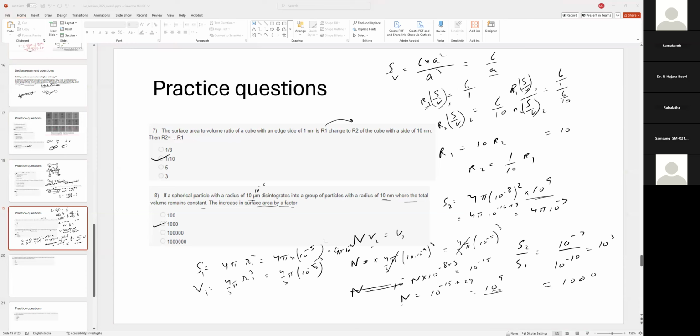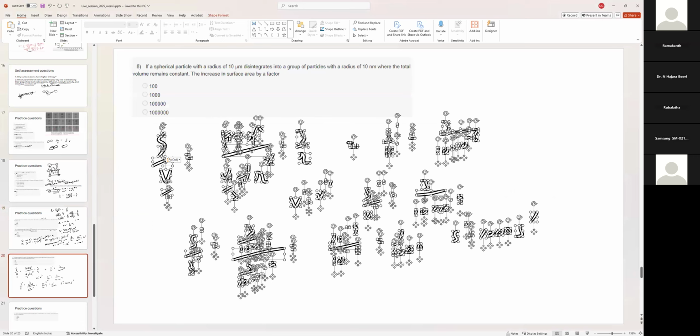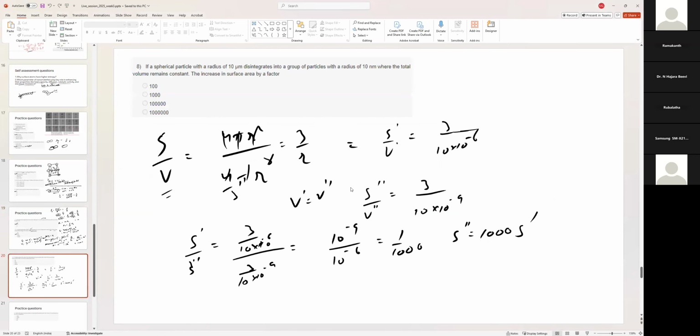There's another way to calculate it. Here we conserved the volume. You could have also just taken the surface to volume ratio for a sphere, so it's 3 by r.